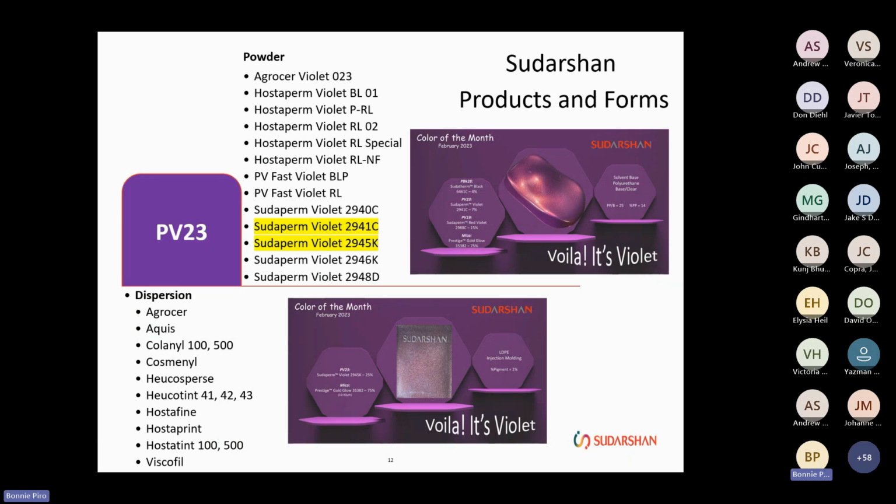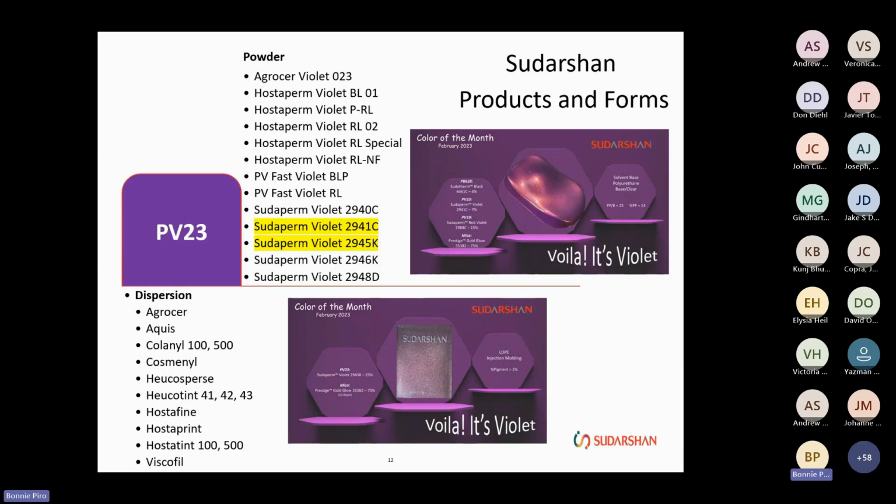From a product and form perspective, this is a very busy chart, so you can see that there's a lot of options for Violet 23 to take advantage of in your formulations, both in the powder form as well as the dispersion form. So it will go into a number of different areas as needed for that particular application or sub-application.